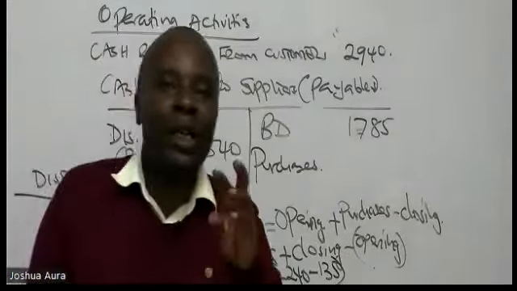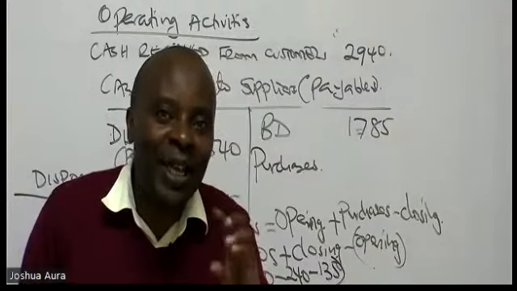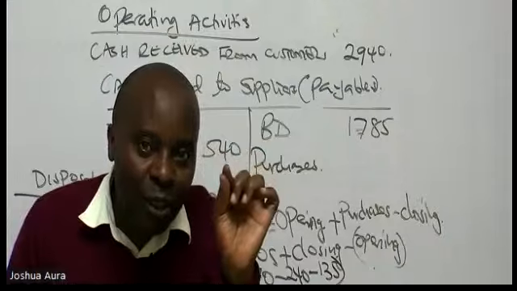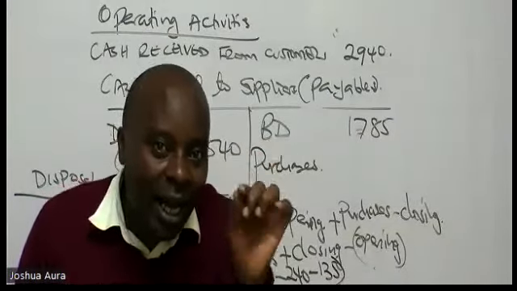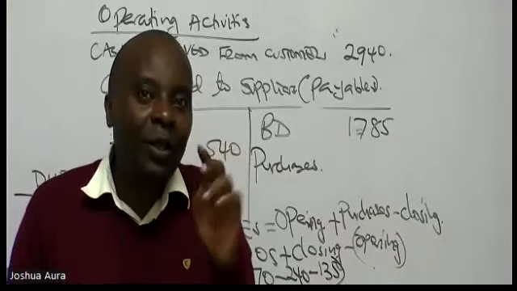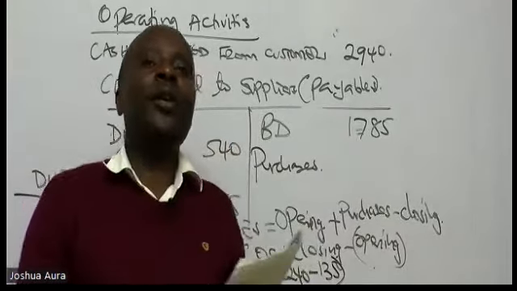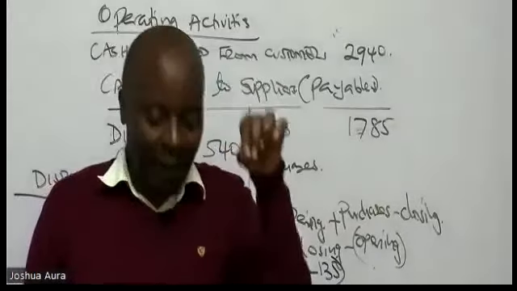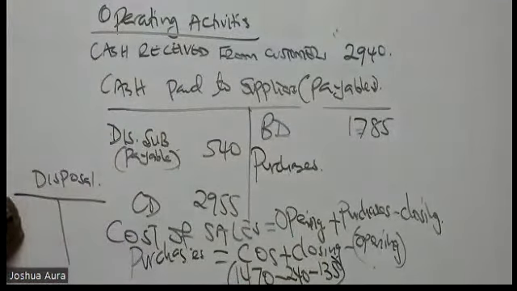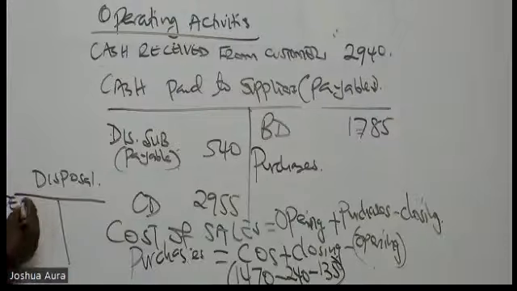When you dispose a PPE, you go to the PPE account and credit with the disposed asset's carrying value. Then you take this carrying value to the disposals account and debit there. So we have here PPE disposed, the carrying value is 885.